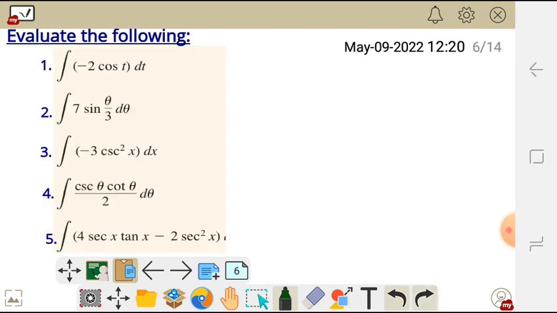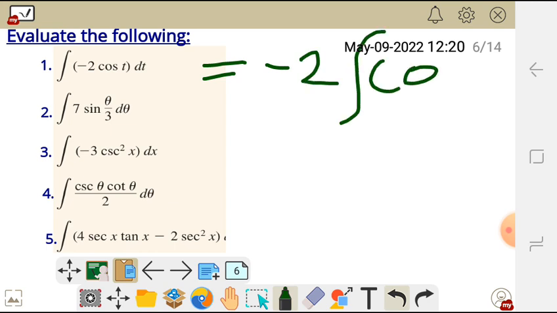We are going to apply that to this function here. So to integrate that, we leave out the constant, which is negative 2, and integrate cos t, like that.